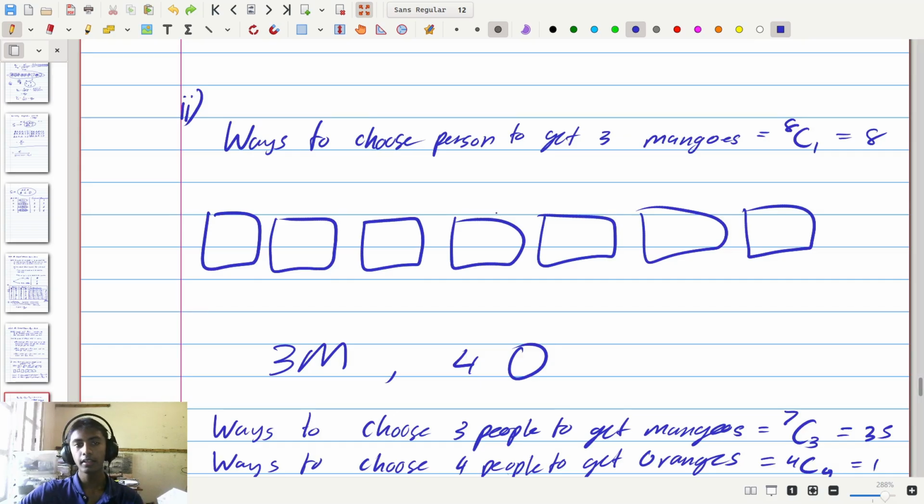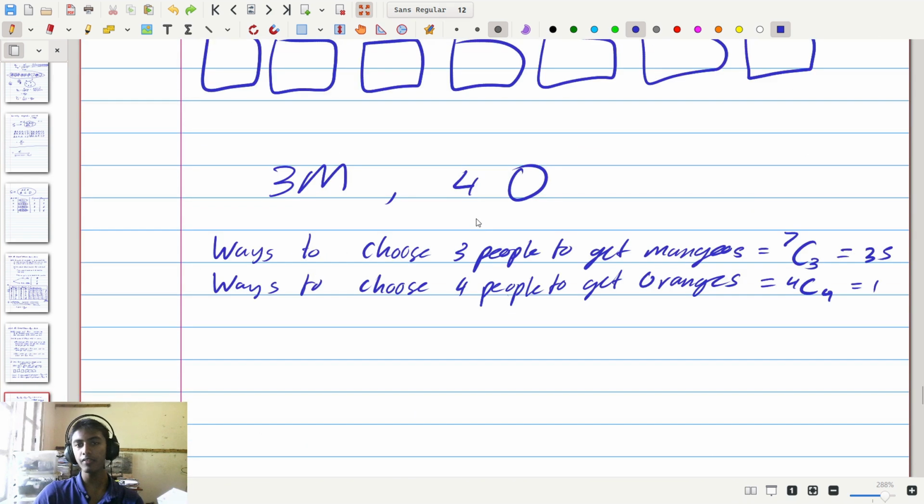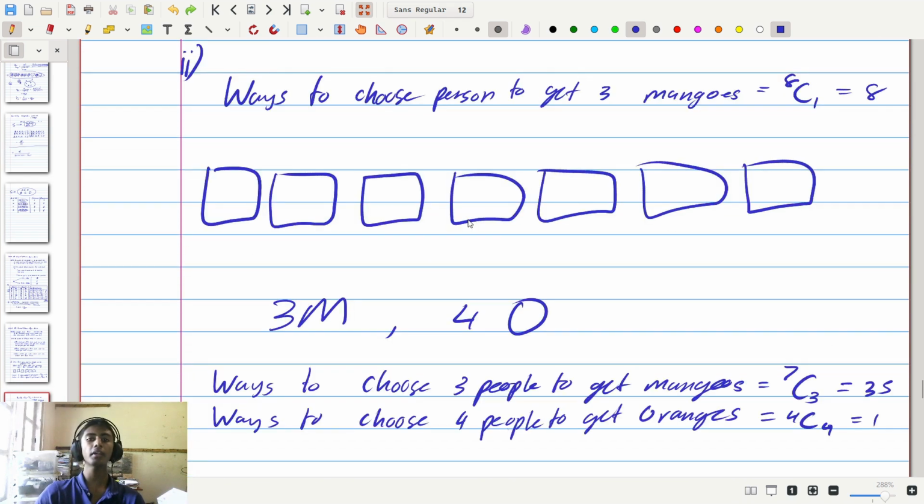Given all of that, the different number of ways that we can choose the person to get the 3 mangoes left over is 8. Once again, since all of these events are independent of each other, meaning that no matter who we choose to get that 3 mangoes, the remaining number of people will always have this many ways to choose the 3 people to get the mangoes.